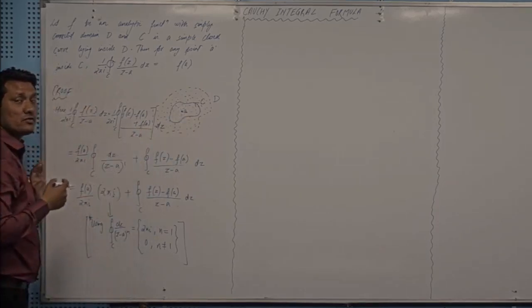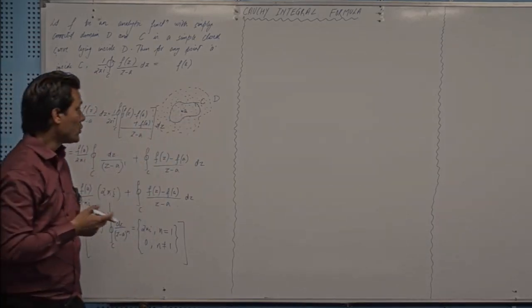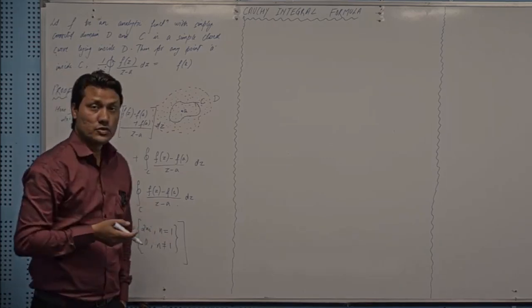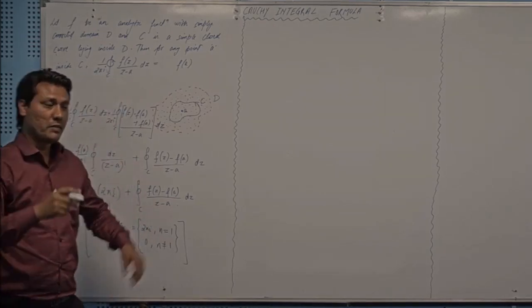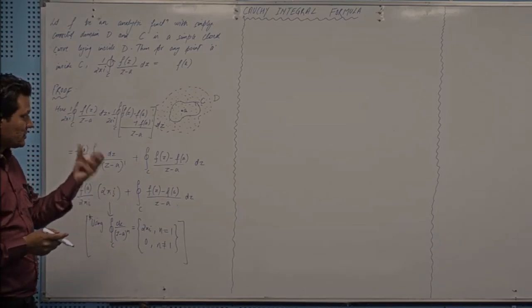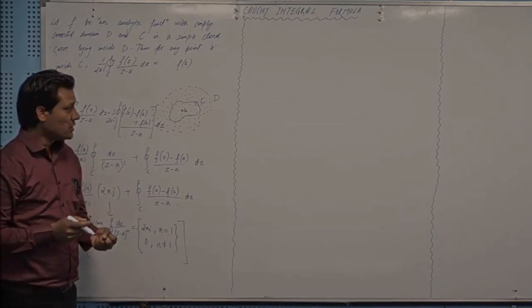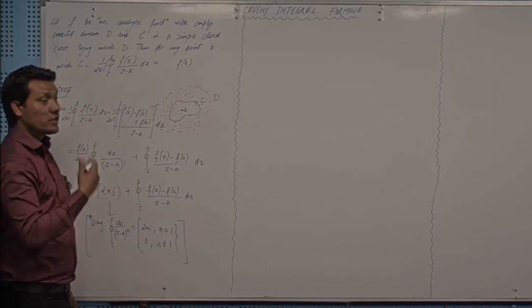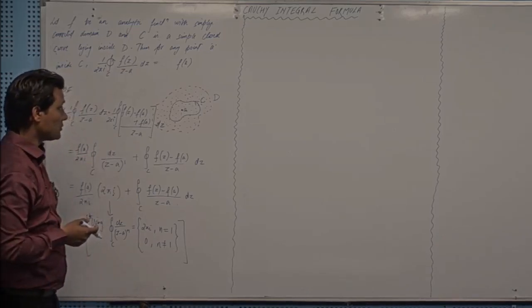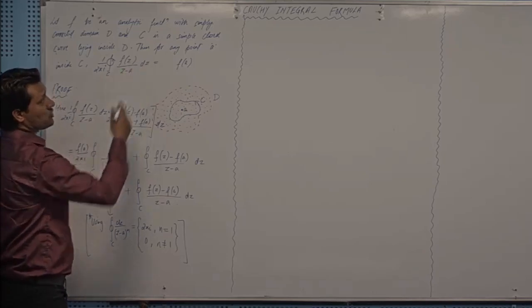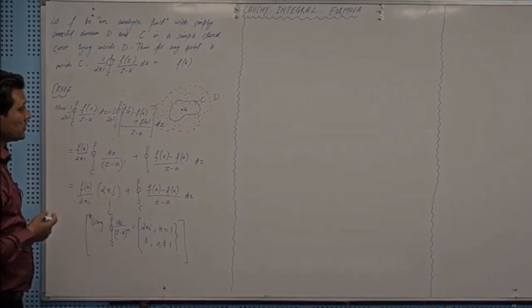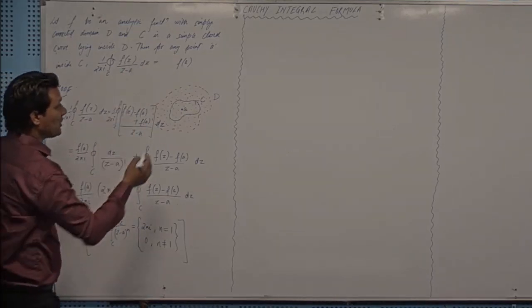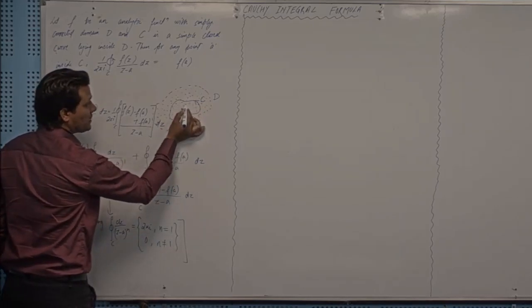This is called the principle of deformation of contours, or Cauchy's theorem for multiply connected region, when you replace the outer contour by simple contours or simple circles enclosing the singularity. You can refer to the last video to see the details about this Cauchy integral theorem for multiply connected domain, where we replace this C by a circle.